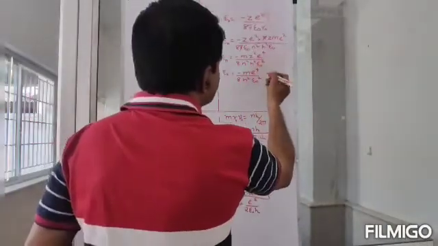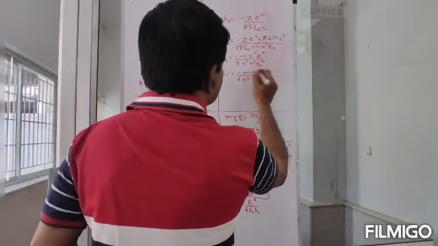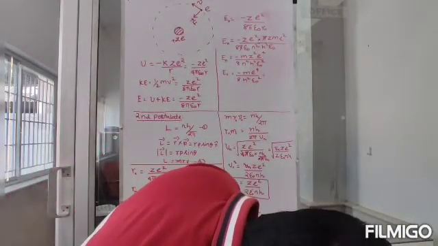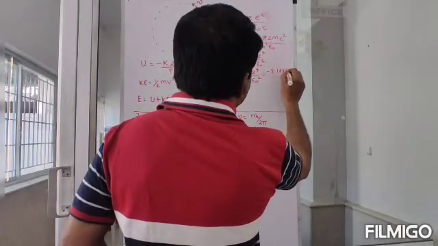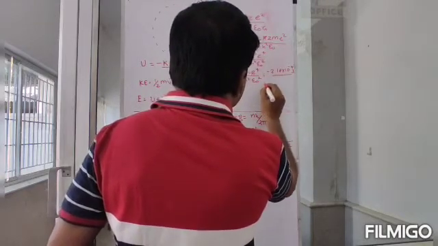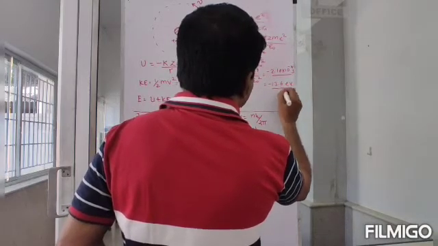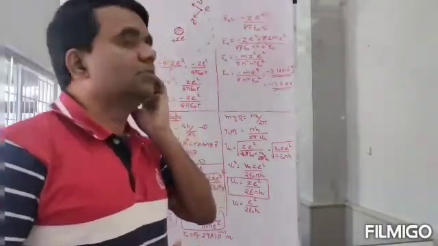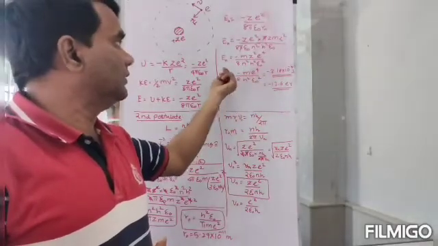We convert that into joules. For hydrogen, in joules, this would be minus 2.18 into 10 power minus 18 joules, or this is also equal to minus 13.6 electron volt after dividing that by 1.6 into 10 power minus 19. So you get this. So this is for the E naught, or the E1.